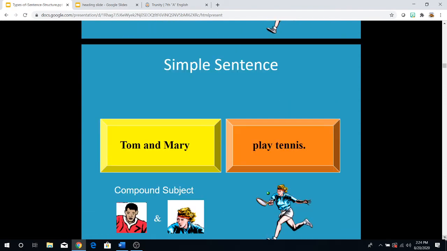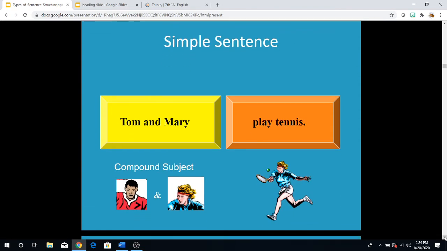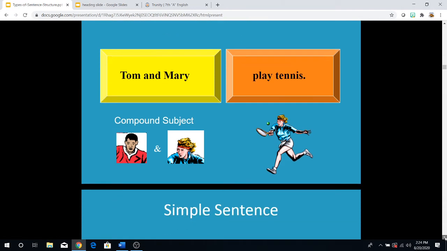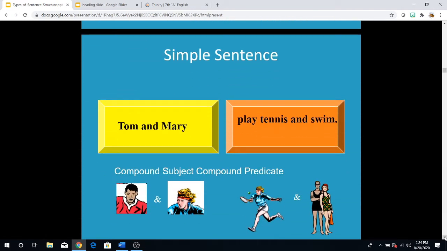Now, in another look of a simple sentence, if we were to say, Tom and Mary play tennis, that means that you have a compound subject. In this case, Tom and Mary. Here is another way of looking at it. A simple sentence. Tom and Mary play tennis and swim.